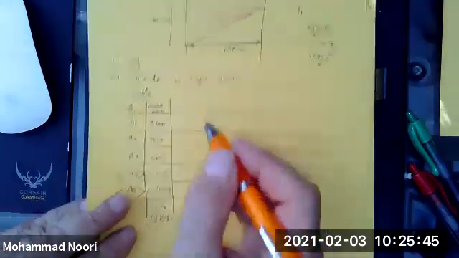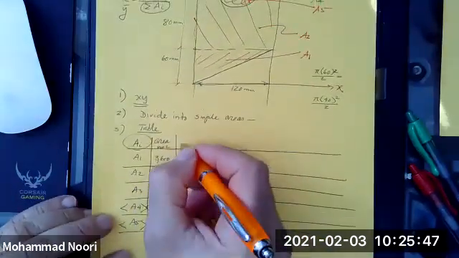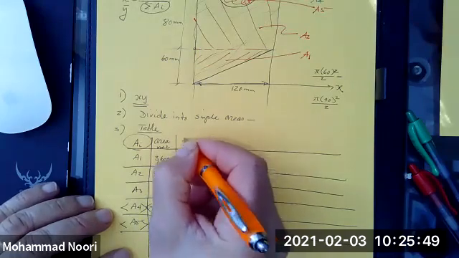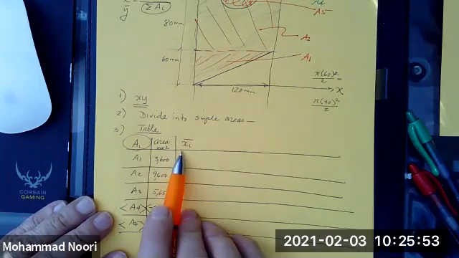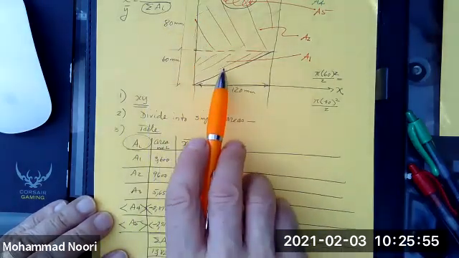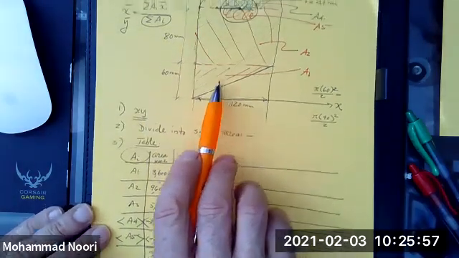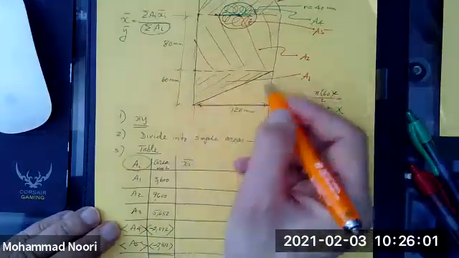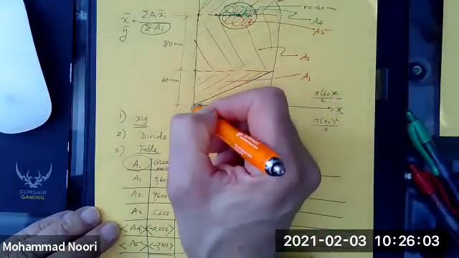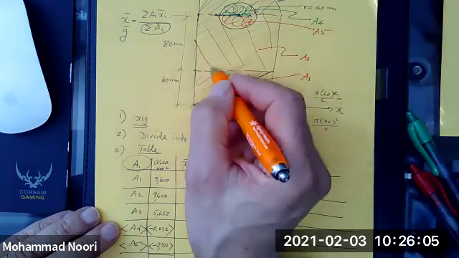The next column, you just tabulate the value of Xi's. What are Xi bars? The distance from the centroid of each shape, each sub-area, to the y-axis. So for A1, it is 1/3 of a distance from here, 1/3 of a distance from here.